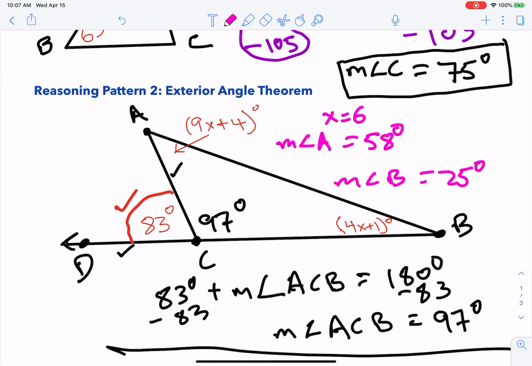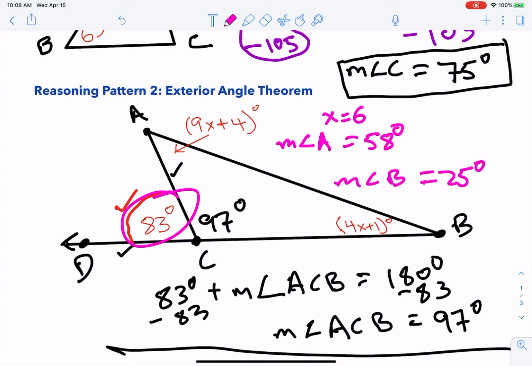Now in your head, I want you to add up 25 and 58. The way I would do it is I can add 50 and 20, that's 70. And then 8 and 5 is 13, and 70 plus 13 is 83. And you may notice that 83 right there.